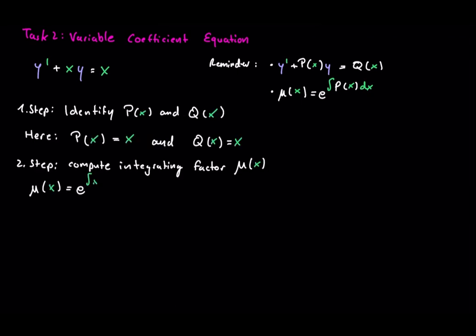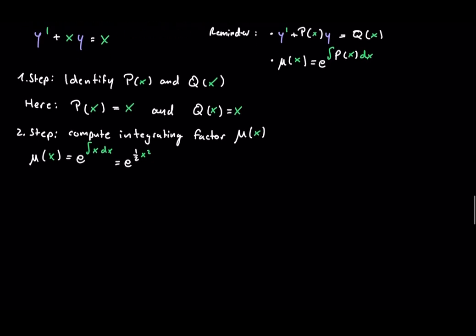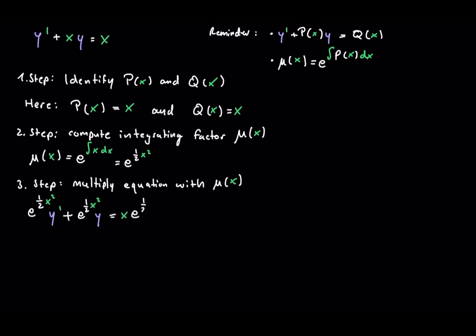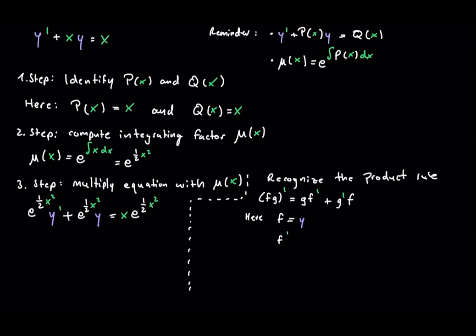Compute the integrating factor. Mu equals e to the integral of x dx, which is e^(x²/2). Multiply through by mu: e^(x²/2)y' + xe^(x²/2)y = xe^(x²/2). The left-hand side is again the derivative of e^(x²/2) times y.